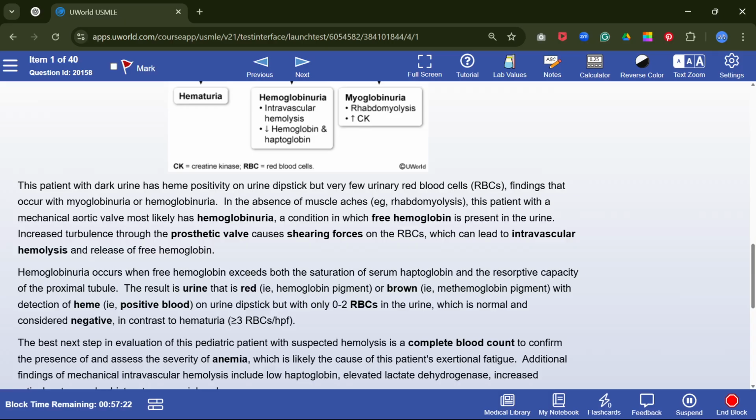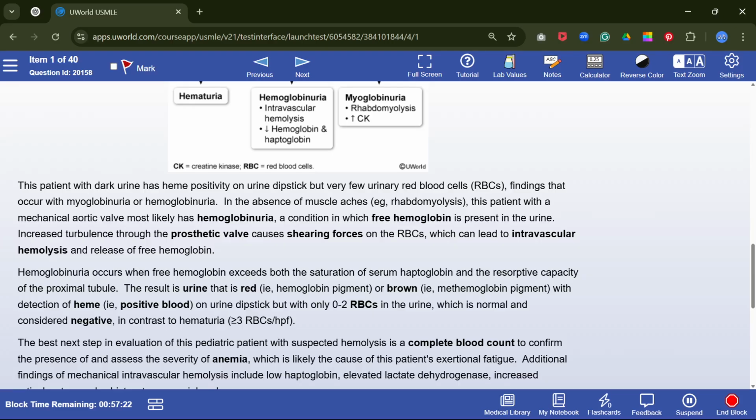The result is urine that is red from hemoglobin pigment or brown from methemoglobin pigmentation, with detection of heme positive blood on urine dipstick but with only 0 to 2 RBC in the urine, which is normal and considered negative, in contrast to hematuria, 3 or more RBC on high power field.